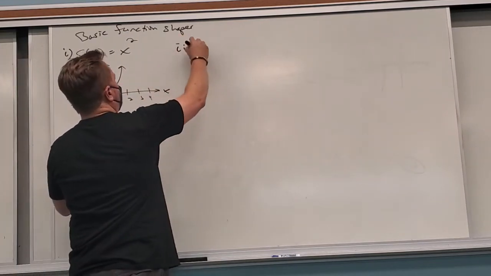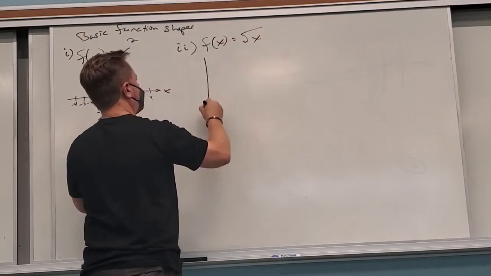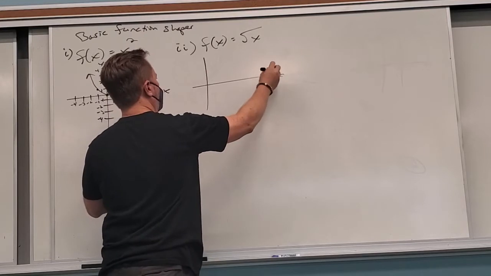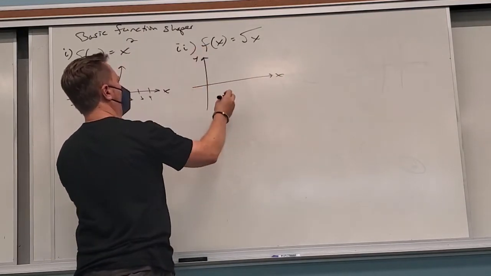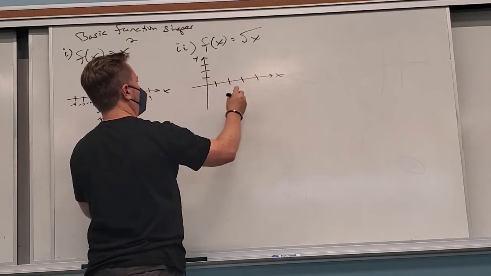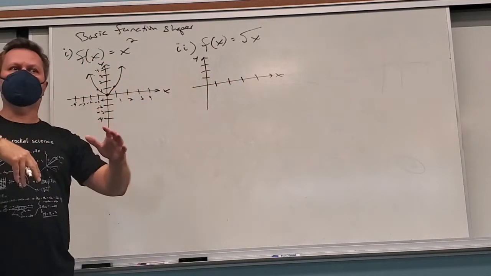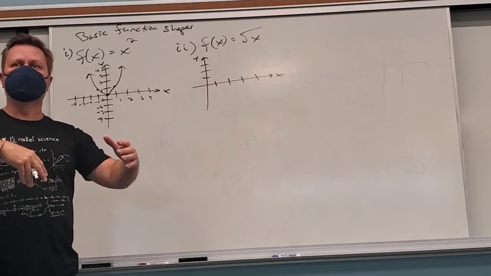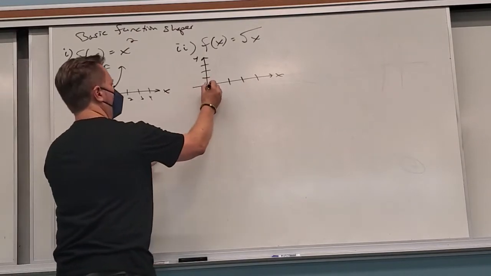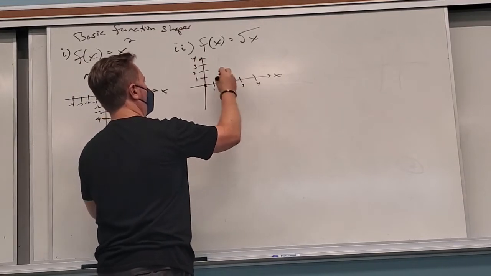What about square root of x? Anyone tell me what's the lowest input I could use? 0. And of course, when I put a 0 in, I get a 0 out. What about 1? 1, 1.